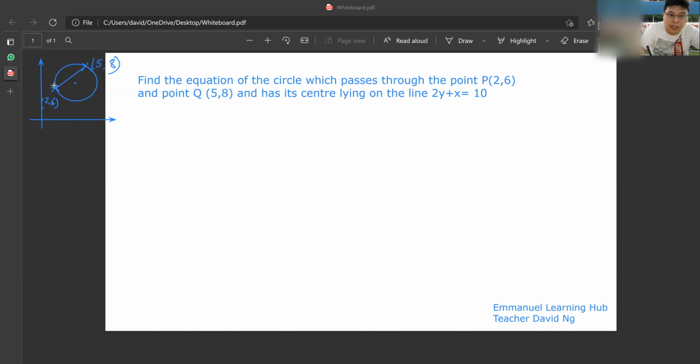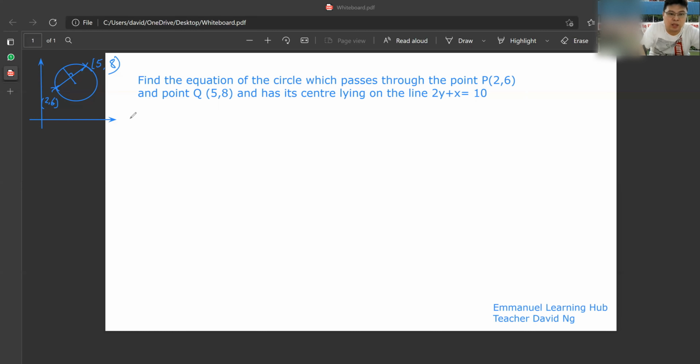Because this is a chord, right? And for the center, let's say I draw like that, this from the center. These two lines are 100% of the time perpendicular. So as long as you draw from the center to the midpoint of these two points, it's a perpendicular bisector. This radius is a perpendicular bisector of this chord.